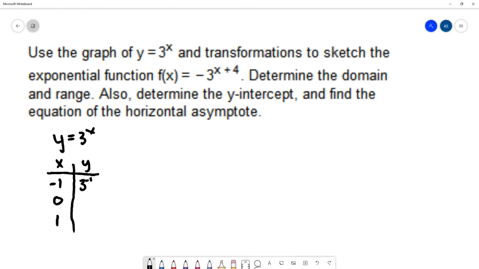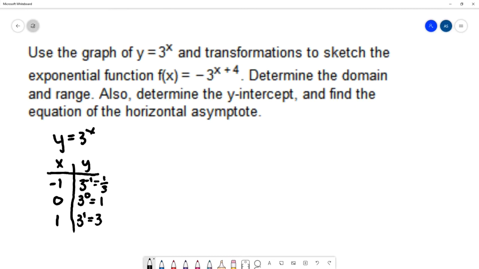So that's 3 to the -1, 3 to the 0, and 3 to the 1. 3 to the first power is 3, 3 to the 0 power is 1, and having a negative in the exponent would do the reciprocal of the base, so we get 1/3.